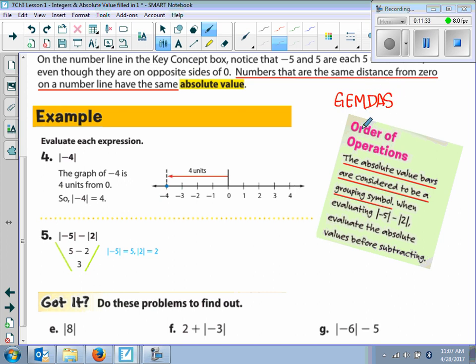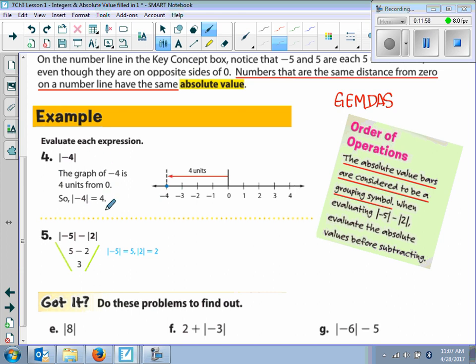So here, the absolute value is also considered a grouping symbol, so that when we are evaluating expressions, we treat those absolute values just like we treat parentheses. Has everybody got that?